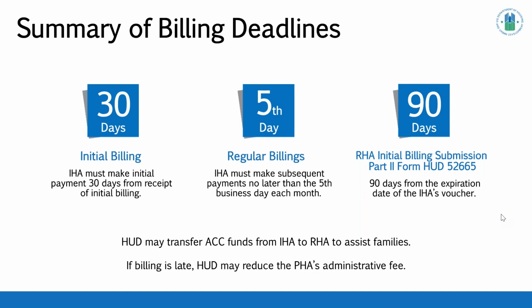Any subsequent payments, so if there are any annual reexaminations, any interims, etc., those billings must be submitted and payments must be made no later than the 5th business day of the month. The initial billing submission must be received by the initial housing authority no later than 90 days following the expiration date of the initial housing authority's voucher.